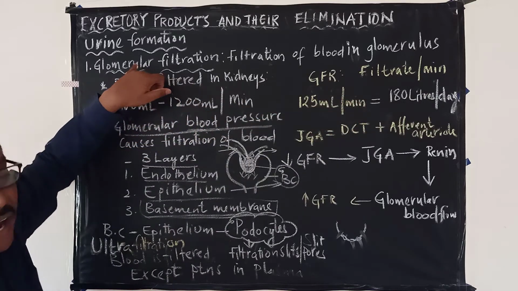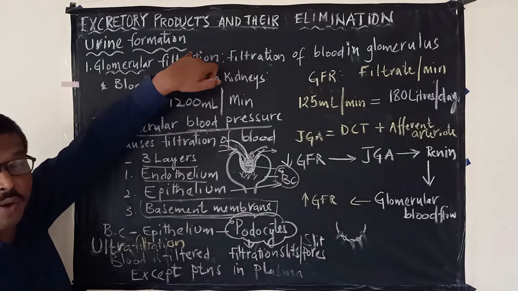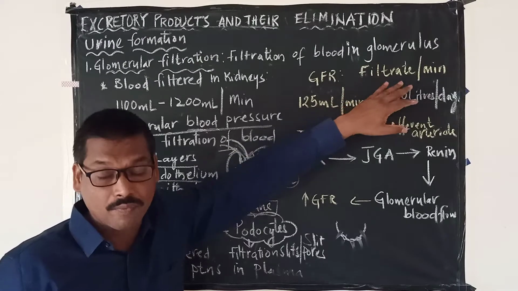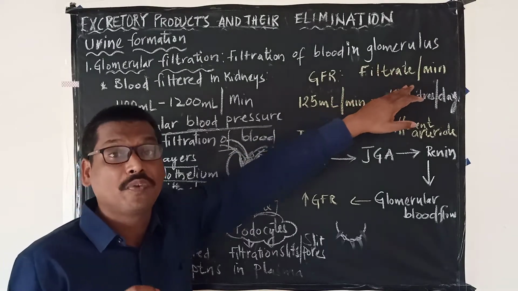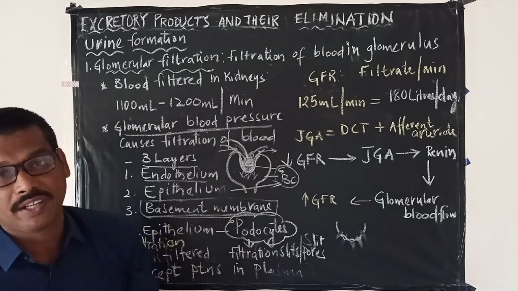So in glomerular filtration, filtrate is formed. The amount of filtrate formed per minute is called the glomerular filtration rate.